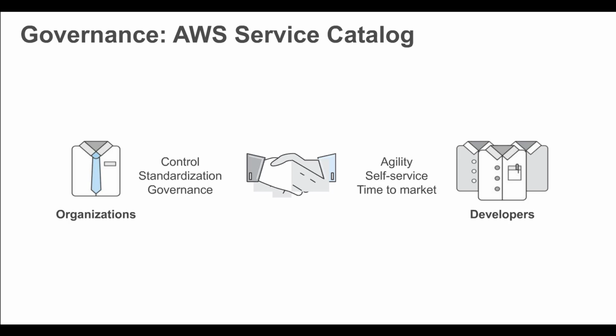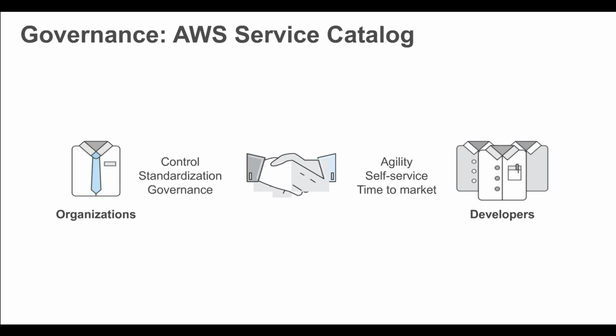An important aspect of enterprise IT and doing microservices in enterprise IT is governance. We have all been through the scenario where stacks come up and there is less and less control. Enterprise IT wants to implement best practices and control standard governance and also enable the agility and the self-service time to market that the developers desire.